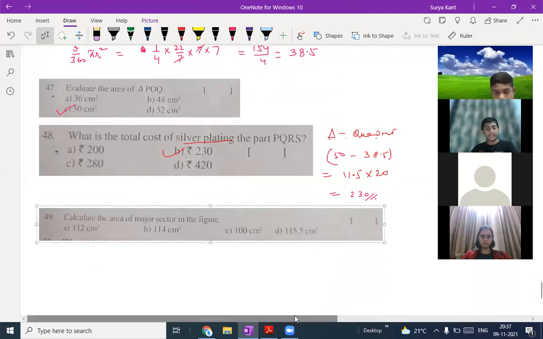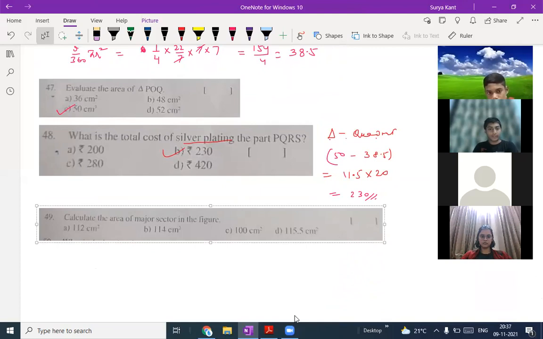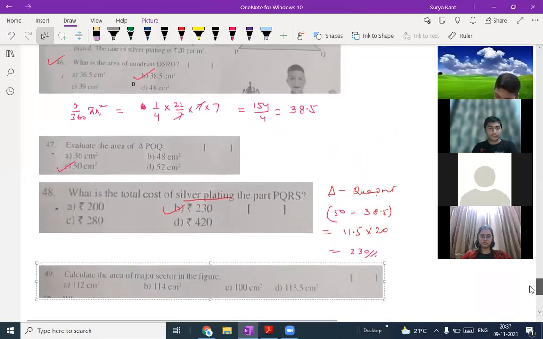Calculate the area of major sector. What, Praharshan? These type of case studies won't come for the board exam. Actually, concept-wise also if you think, we can do it, not a problem. They said that coordinate geometry and polynomial case studies are the only ones which will come.